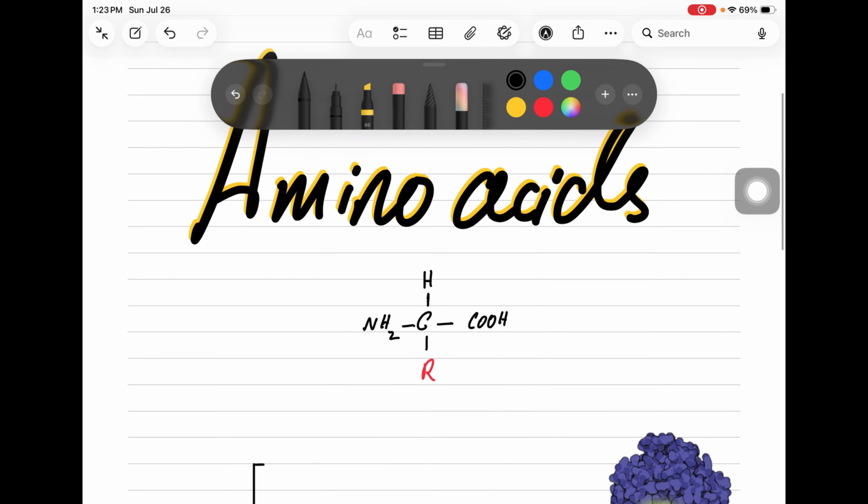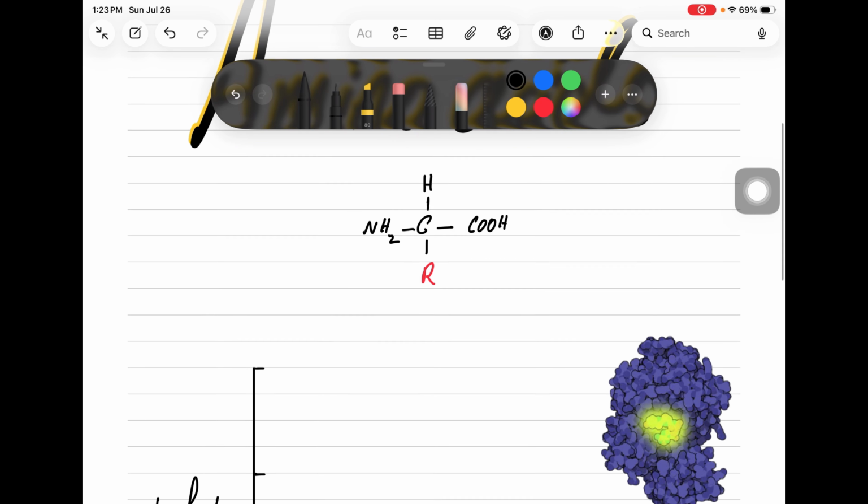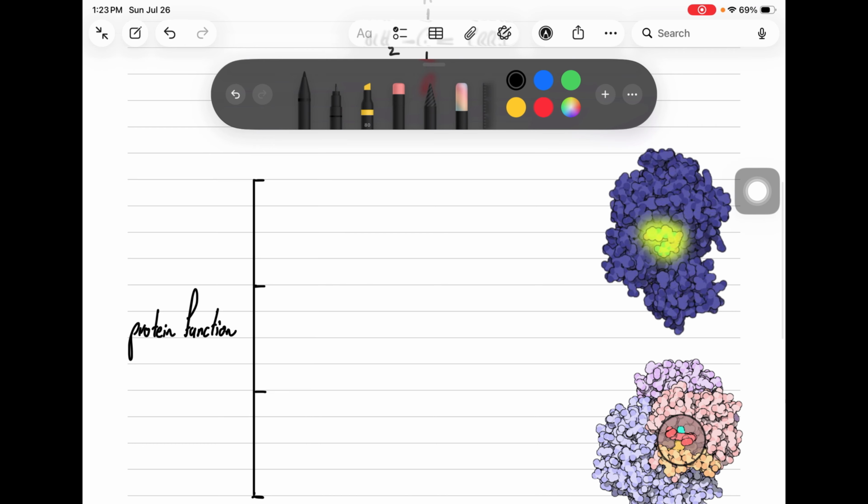We're going to talk about proteins more in the next chapter. This chapter is about amino acids, and if I want to talk about proteins specifically, it will be in the next chapter.